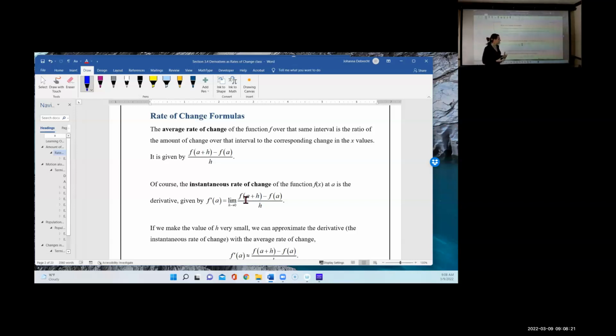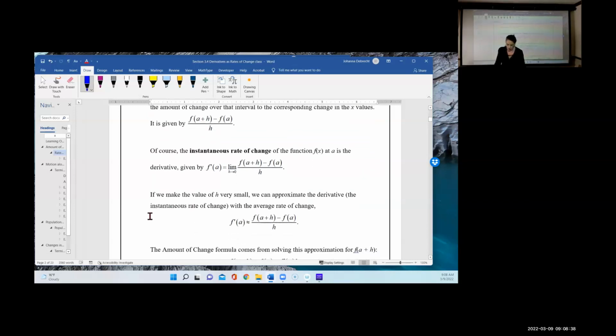The instantaneous rate of change is given by taking the limit of the difference quotient and allowing the denominator, the distance between the two x coordinates, to go to 0. And that will give you the instantaneous rate of change. And again, as long as we stay relatively close to the point where they connect, we can use the slope of the tangent line to approximate the slope of the secant line.